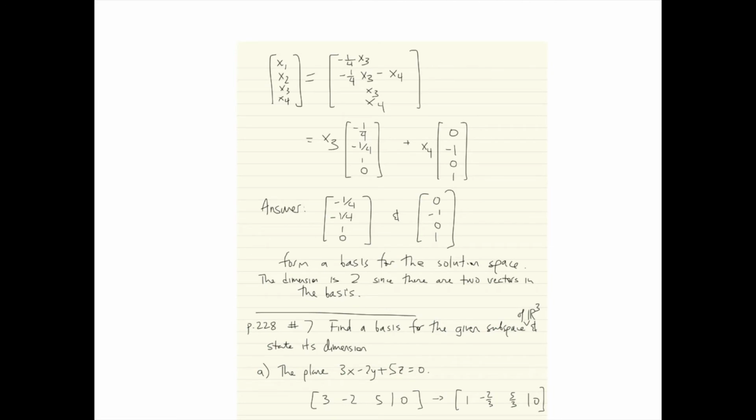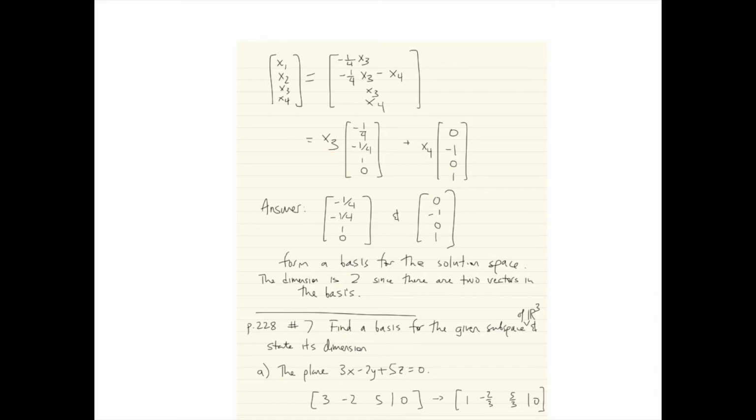Okay, we're still trying to find a basis for the solution space. We found now, so far, the solution space. So x1 has to be negative 1/4 x3, x2 is this, x3 and x4 are free variables. And so then the trick is to factor out the x3 and x4, if you will, and write the solution space as some vector times x3 and some vector times x4.